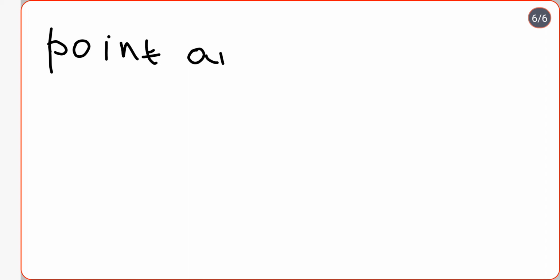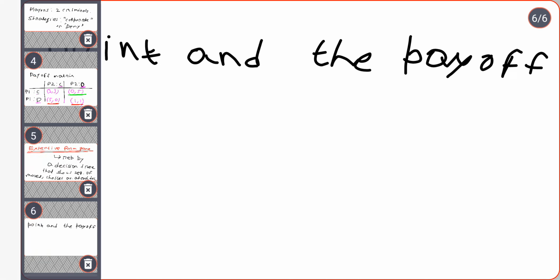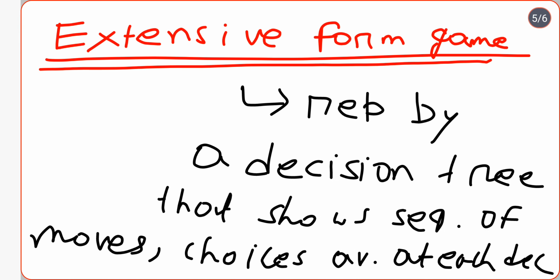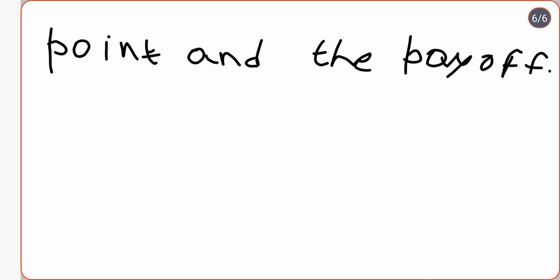So basically, in the extensive form game we have a decision tree, and that decision tree shows the sequence of moves, the choices available at each decision point, and the payoffs.